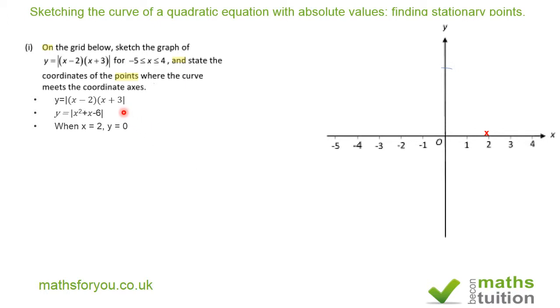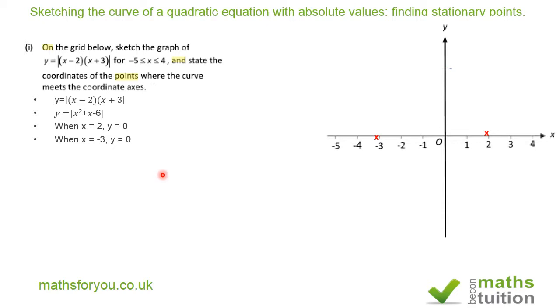And when x is minus 3, minus 3 plus 3 gives us 0, and 0 multiplied by anything is 0. So when x is minus 3, y is 0, and the point will be there. So we've done the x-axis. Now we need to do the y-axis.